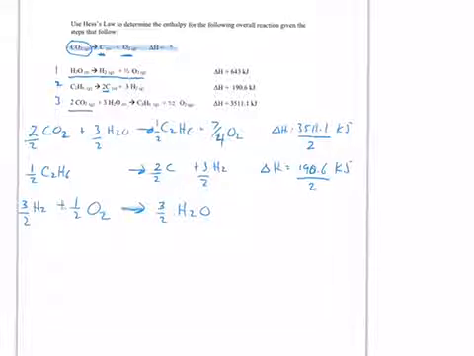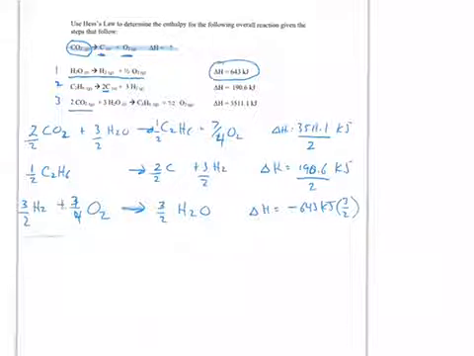So 3/2 times 1/2 is 3/4. Now we're ready to add, except we need to take this first equation, delta H. It is flipped, so it's going to be minus 643 kilojoules, and we multiplied that by 3/2.